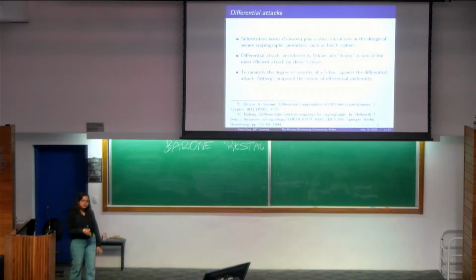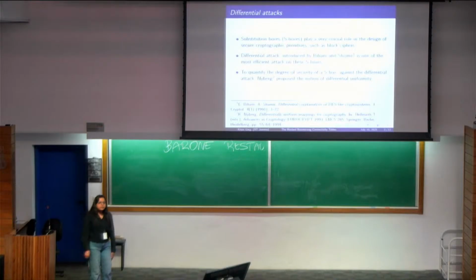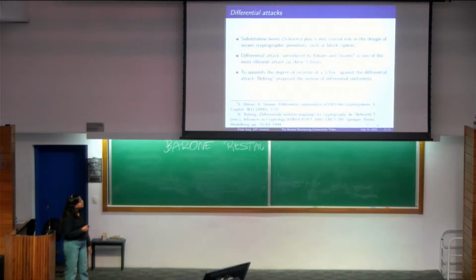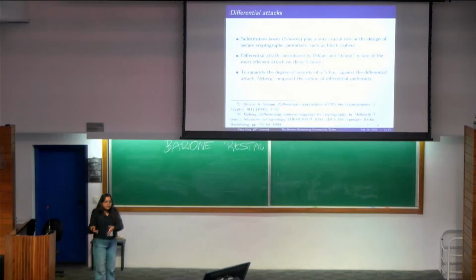One of the most efficient attacks was introduced by Biham and Shamir in 1991, which is known as the differential attack. And further, to measure the degree of resistance of these functions against this attack, Nyberg proposed the notion of the differential uniformity.